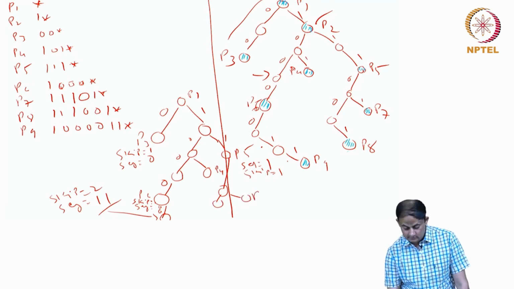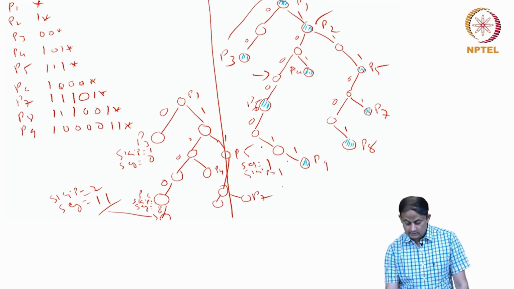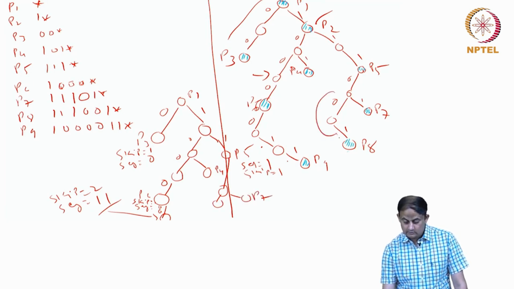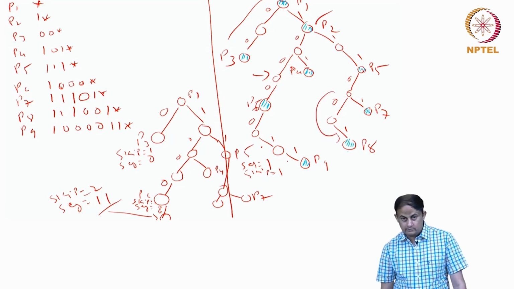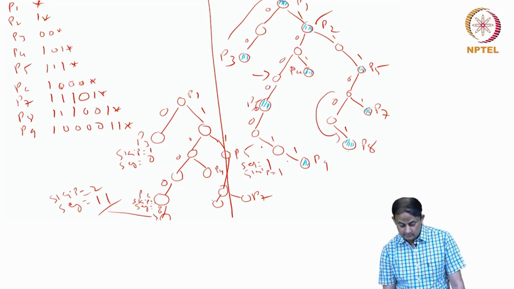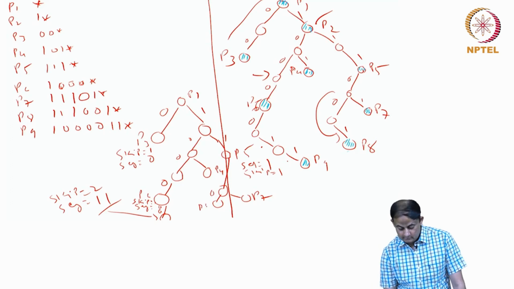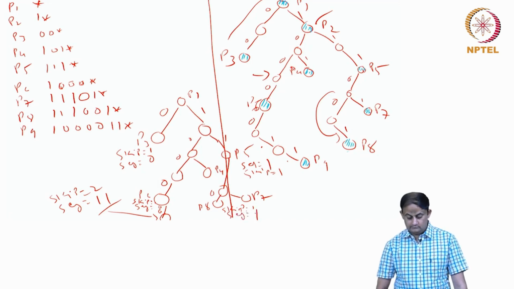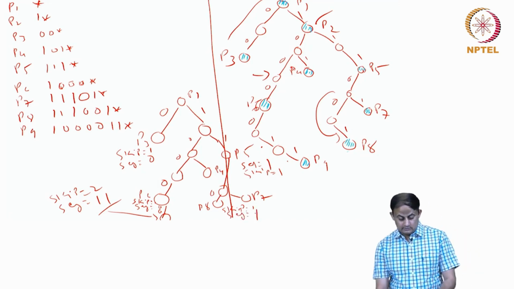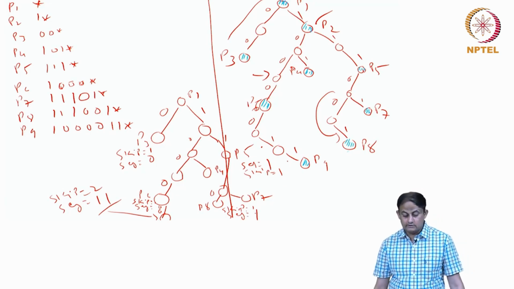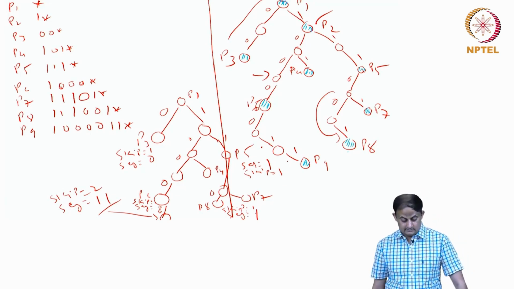This is going to be your P7, and this one has an intermediate node which has a single child, that can be removed. So you get a 0, and this will become your P8, and you remember what you skipped. Skip length is equal to 1 and the segment that is skipped is also 1. So that is the trie corresponding to the binary trie that is here.